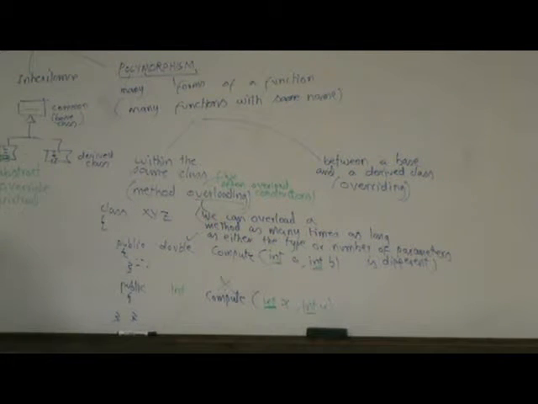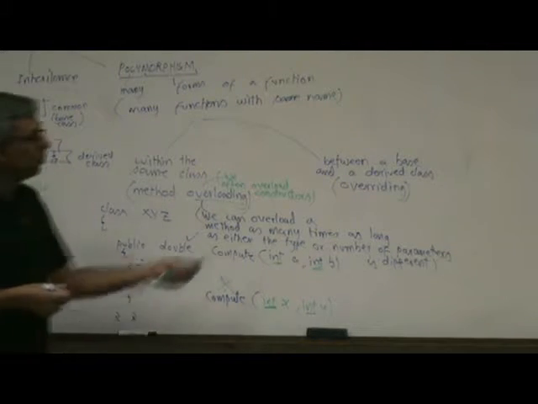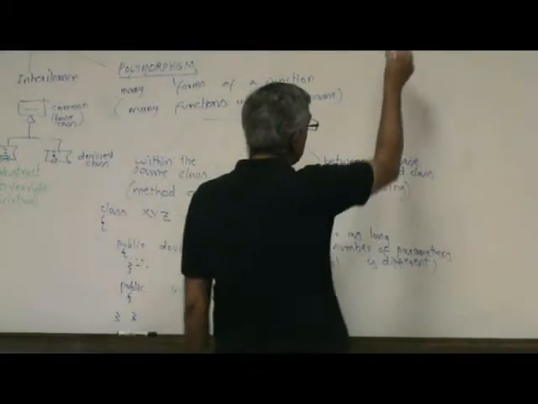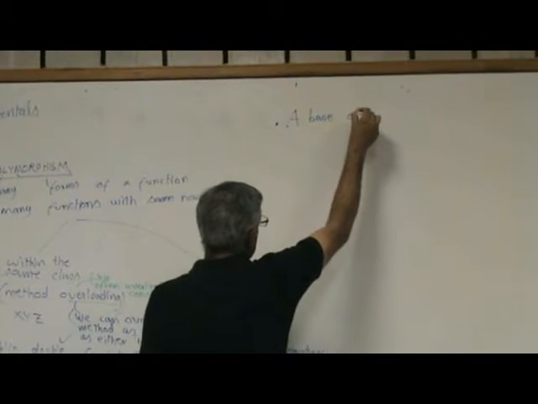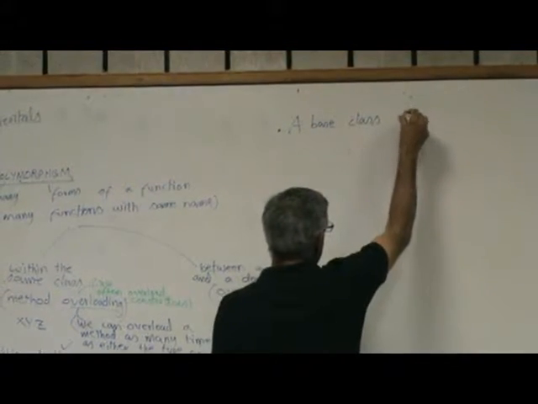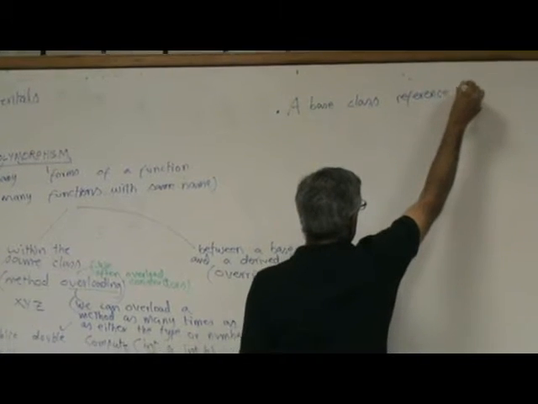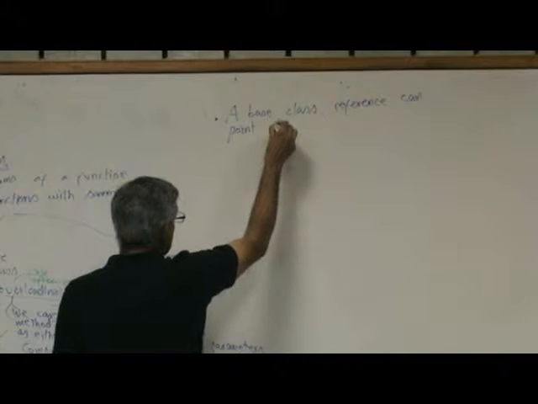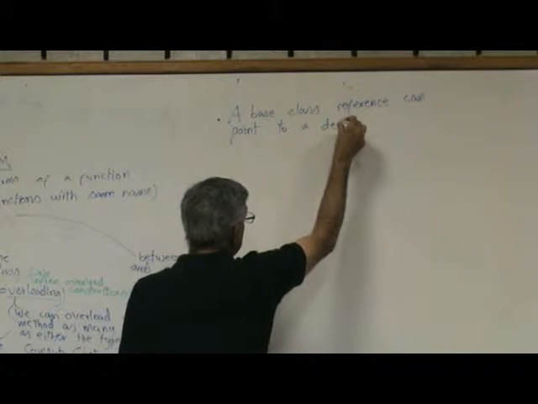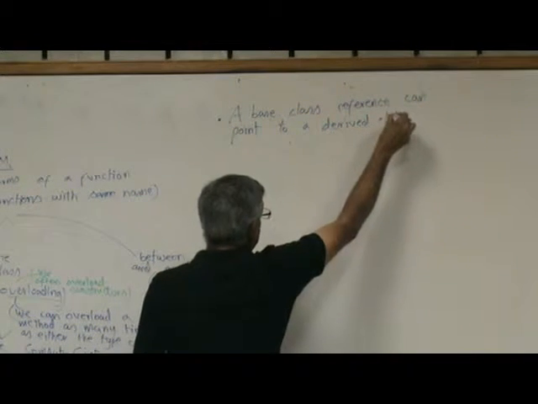So it occurs whenever we run into overriding. Okay, so now the key concept to remember over here was number 1, base class reference can point to a derived class object.